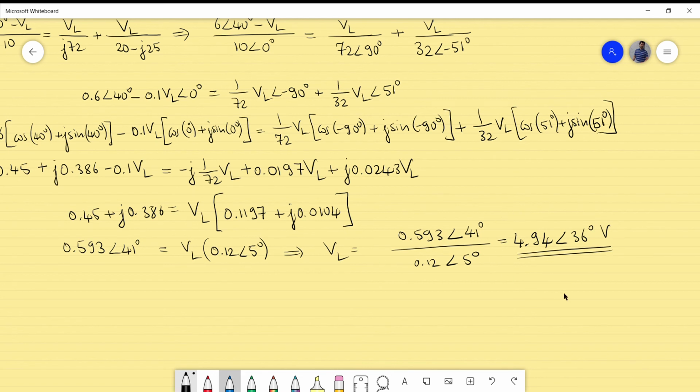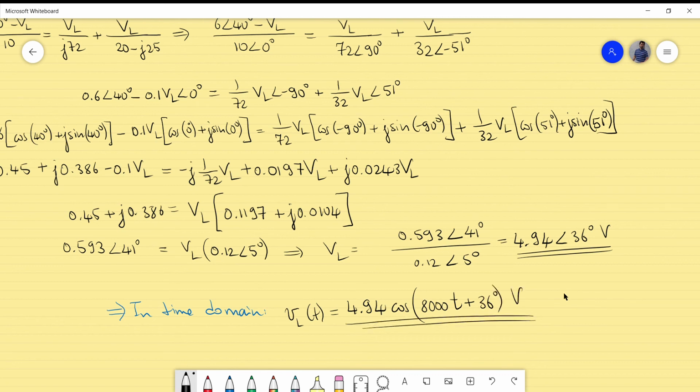If I now transform this into the time domain, what do I have? I have the following: VL as a function of time, which is actually question A, will be 4.94, just the amplitude, cosine, and still the same frequency, so it will be 8000 t, and the phase will be 36, in volts.